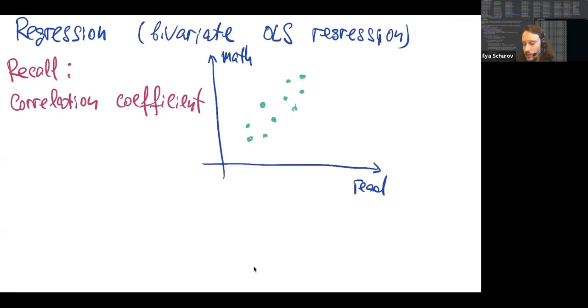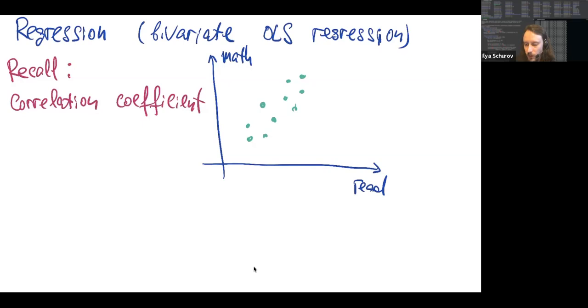I can say that this correlation coefficient shows in some way that we have a strong or weak relation between two variables.